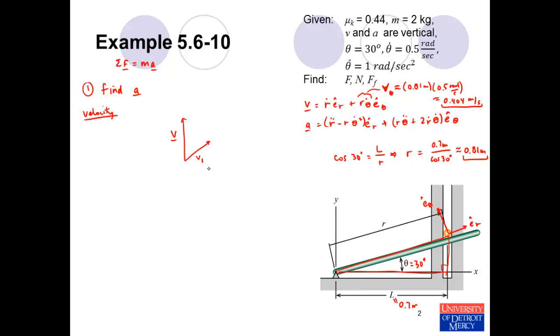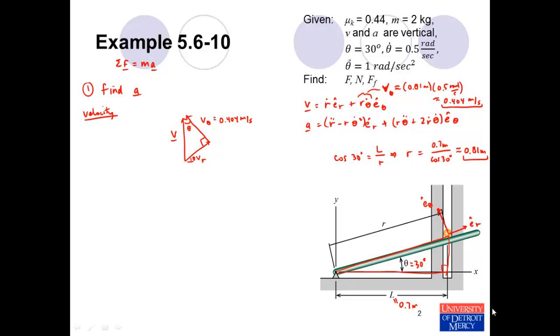We don't know what the radial component is, but we know its direction, and we know the direction and magnitude of the transverse component, 0.404. These are at right angles to one another. This angle is theta. This angle is also theta.